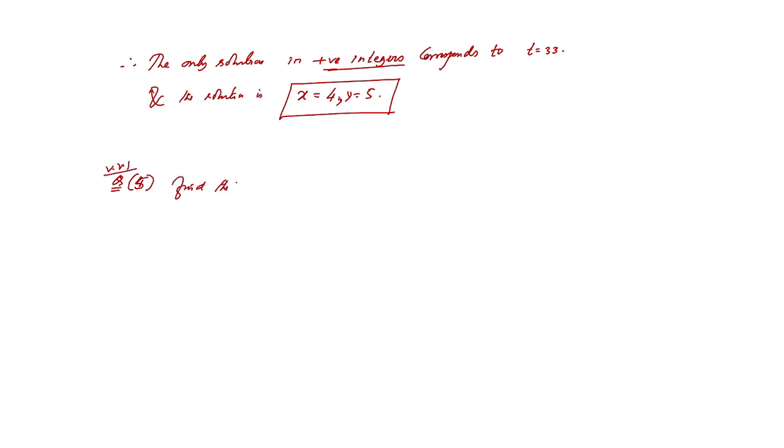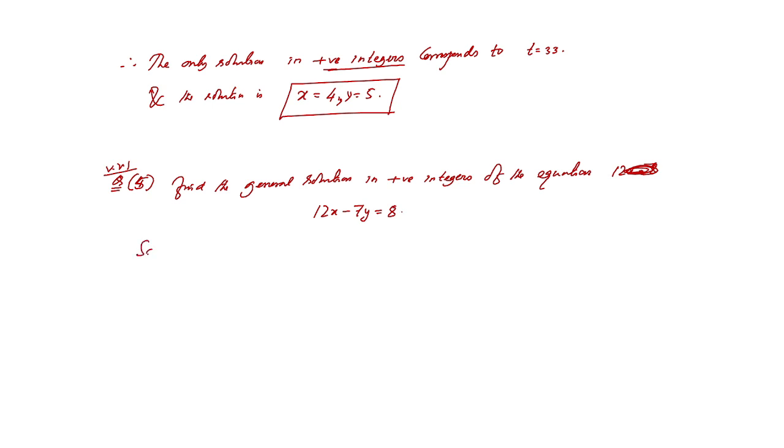Find the general solution in positive integers of the equation 12x minus 7y equals 8.